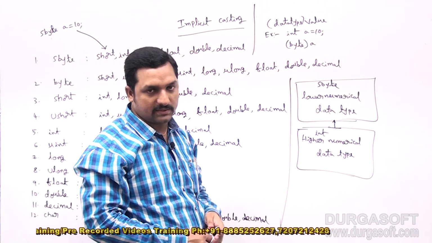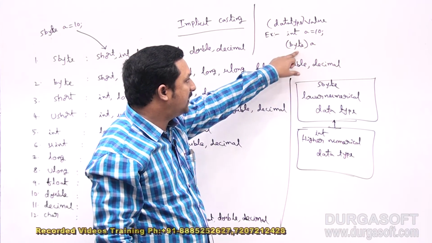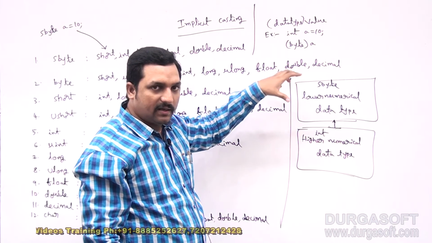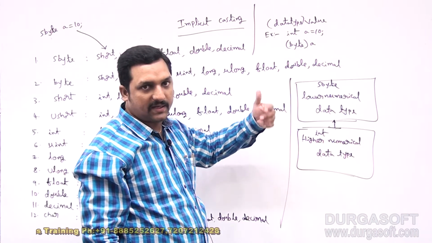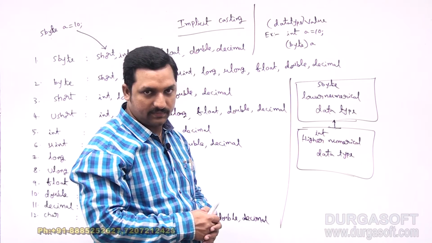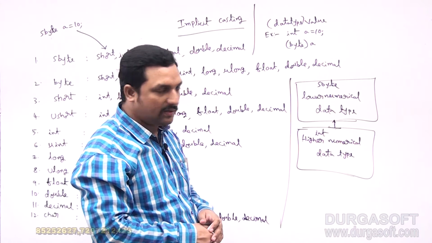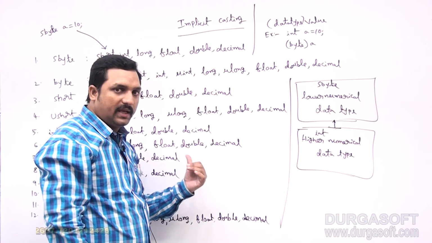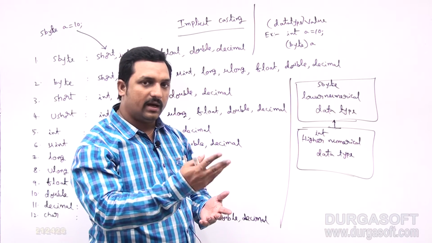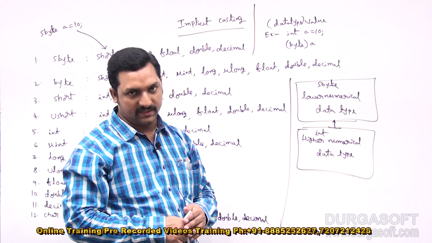This process is called explicit casting, because we have mentioned the data type intentionally. Whenever you perform the data type conversion intentionally, that is called explicit casting. When the language itself converts automatically, that is implicit casting. Implicit casting is possible only among this set of data types. Explicit casting can be done among any data types, lower to higher or higher to lower. This is implicit versus explicit.